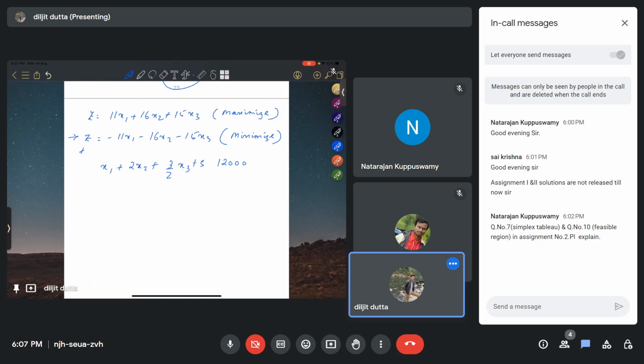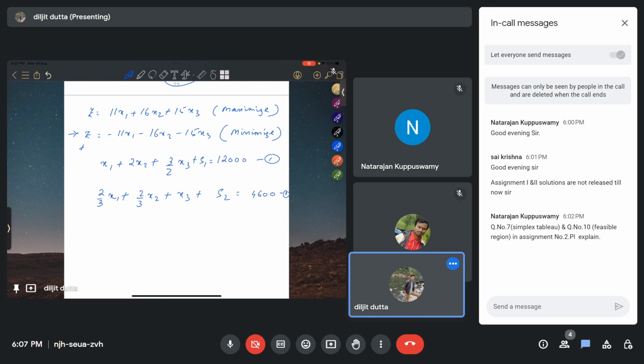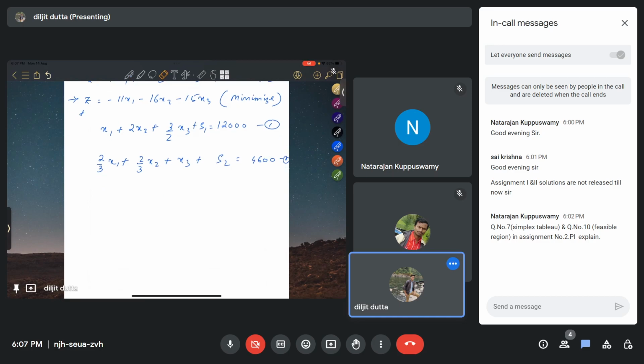Let us make it plus s1 equals 12,000. S1 is the first slack variable. Then the second is 2 by 3 x1 plus 2 by 3 x2 plus x3 plus s2 equals 4600. This is the second constraint.